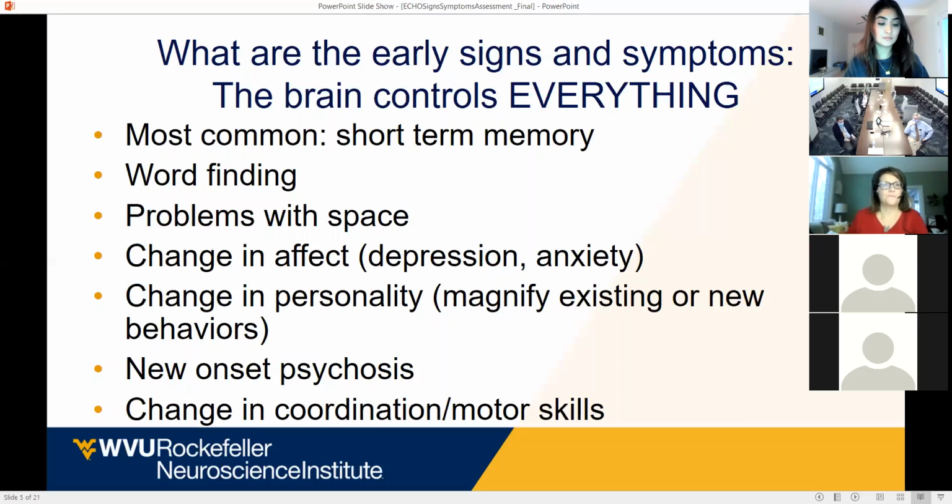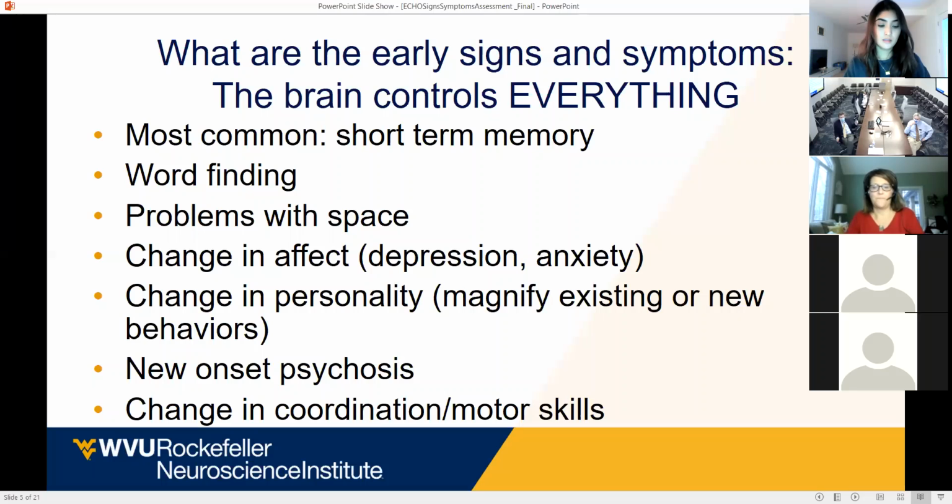And finally, one of the other things that we look for is new onset psychotic symptoms. This is somebody who's 50 years or older who has an onset of hallucinations, auditory or visual, or starts developing paranoia or delusions. When that happens, if there's not a clear indication that it's medication related, I always think that this is the onset of a neurodegenerative condition as they get older.